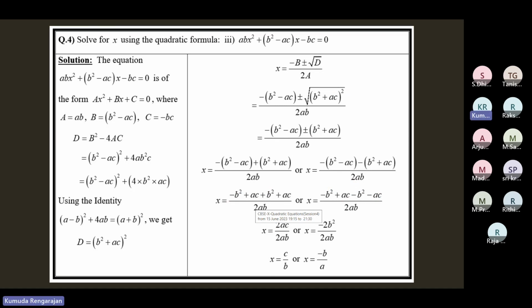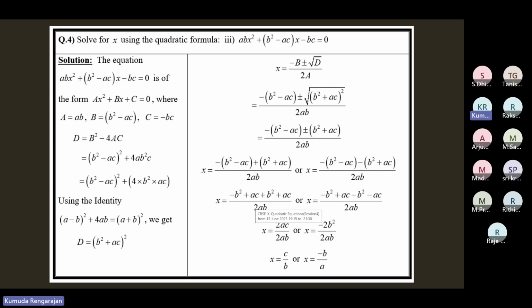So to use the quadratic formula, important is the equation must be in the standard form. Only then you can get the values of a, b, and c. After writing out the values of a, b, and c, find the discriminant. Mostly the discriminant will be a perfect square. While working the discriminant, please remember the identity a plus b the whole square minus a minus b the whole square is equal to 4ab.